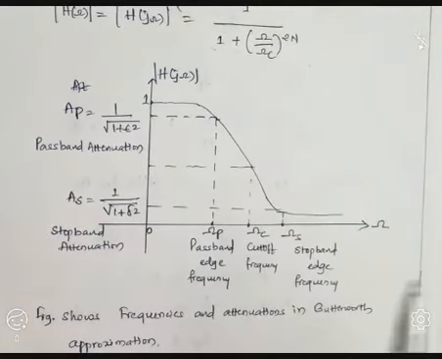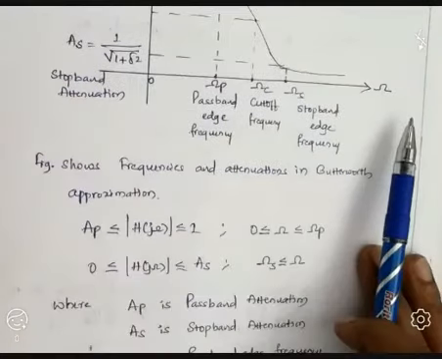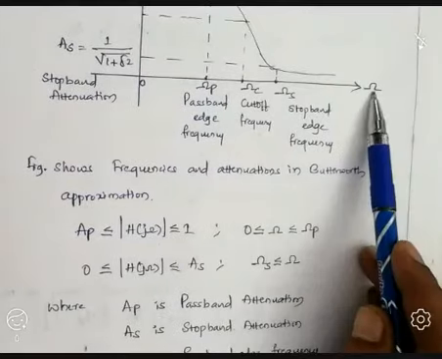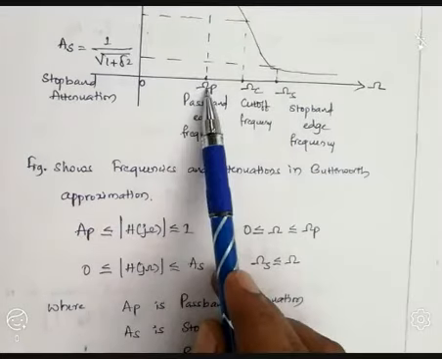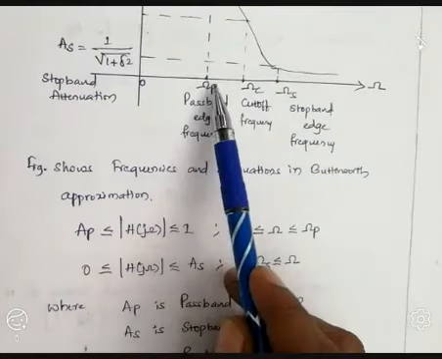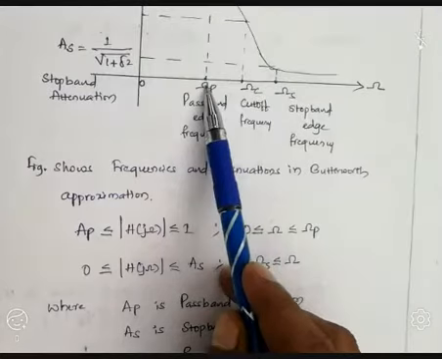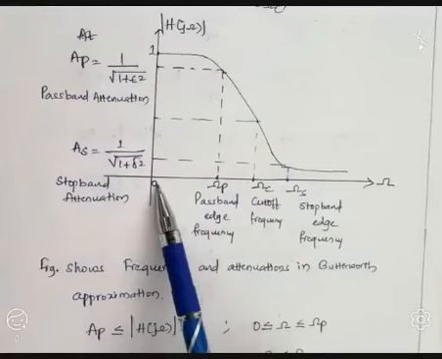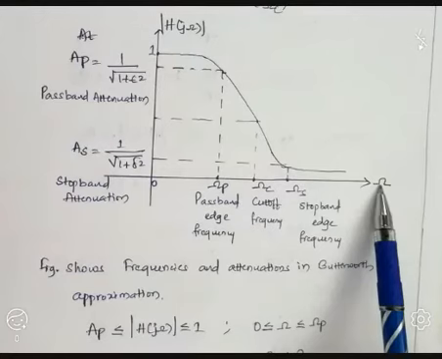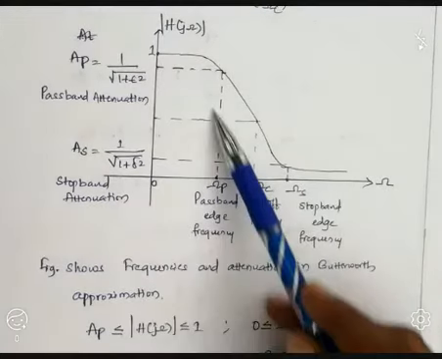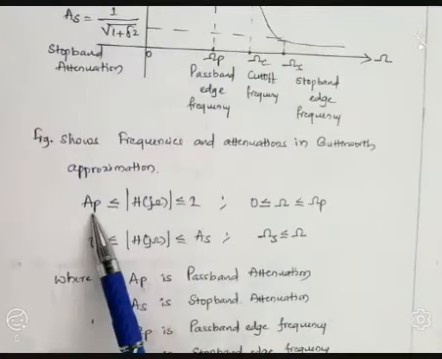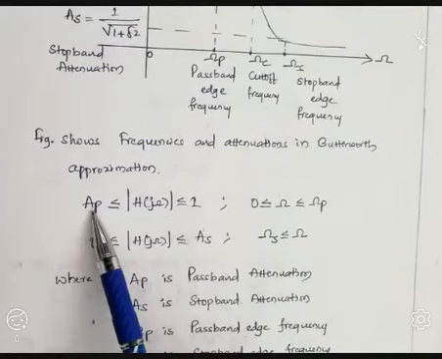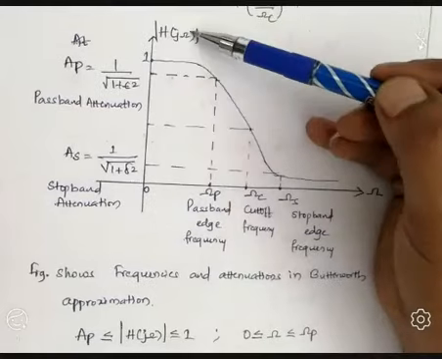Now, the same thing I am going to express in equations. If the frequency value lies between 0 to omega p, what we are getting is the pass band. If the frequency value omega lies between 0 to omega p, this is the pass band. So that is represented as the magnitude of H of j omega lying between AP and 1.